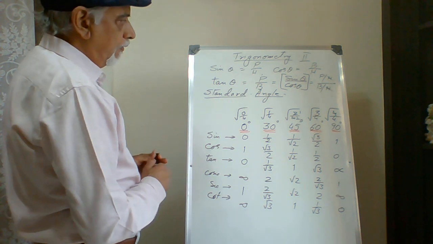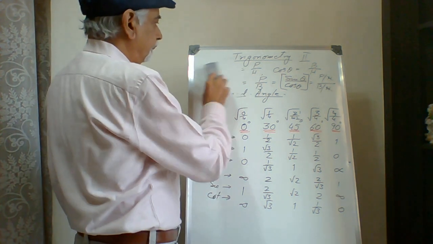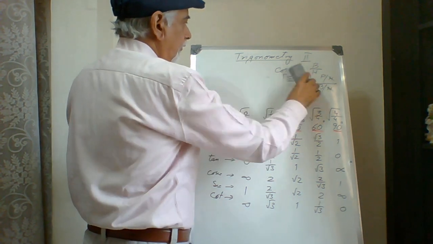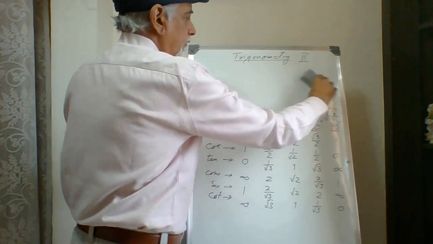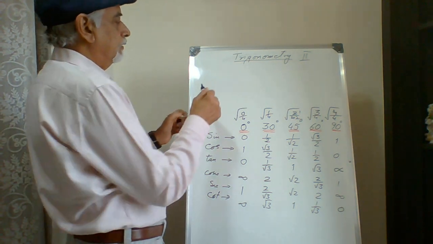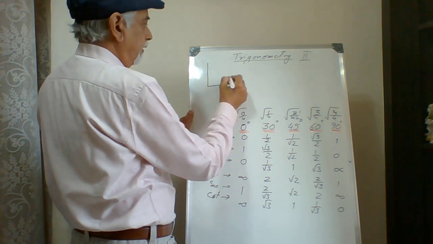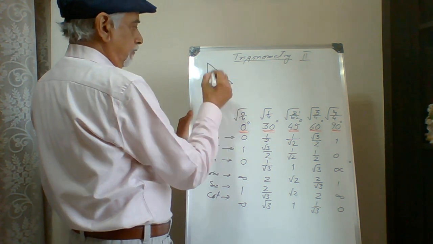Now I'll tell you what an identity is. Identity comes from the relationship of a right angle triangle where we apply the Pythagoras theorem.